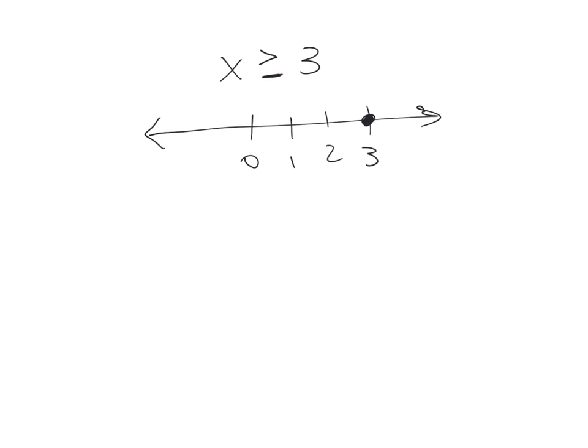So the two different ways that we write these are, if there is this line, it's a closed circle, okay? If by chance there wasn't this line, then we would have an open circle, just like that. So not including 3, but all the numbers greater.